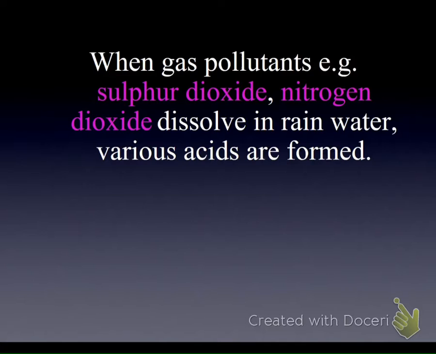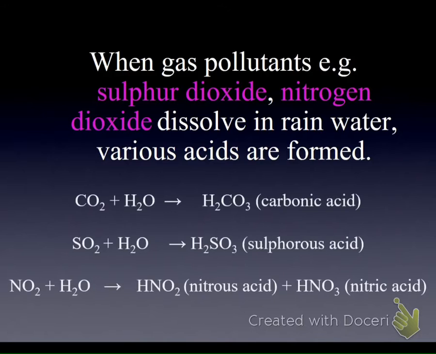And so when the gas pollutants, sulfur dioxide and nitrogen oxide, dissolve in rainwater, acids are formed. Either carbonic acid if it's CO2, sulfurous or sulfuric acid, nitrous or nitric acid, all of those that can do damage to basically the environment.